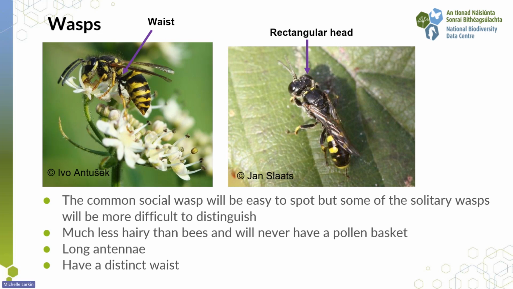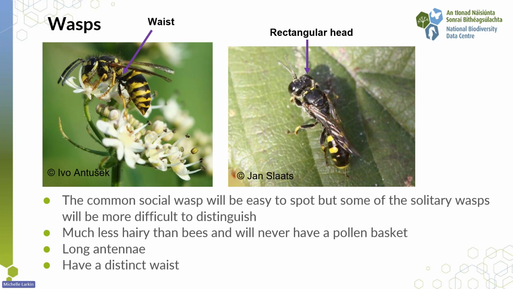They're much less hairy than bees and will never have a pollen basket. They of course have the long antennae as well, but the main structure that you'd look at is actually their waist. Bees will also have a waist, but wasps have that very cinched, tiny little waist that's very distinctive.